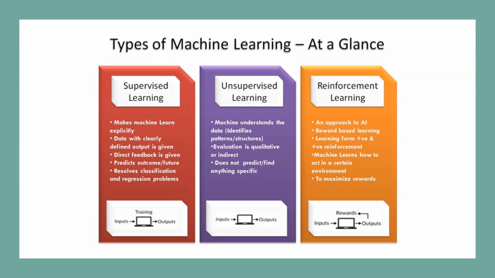So we just give the inputs. We don't explicitly tell the machine which output it should prefer. That's why it's called unsupervised, because we don't give the output labels during the training of an unsupervised learning algorithm or process.